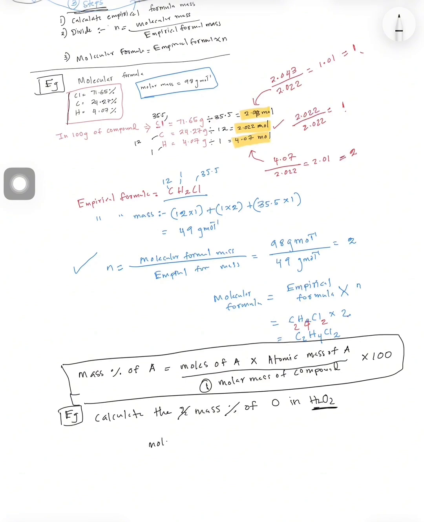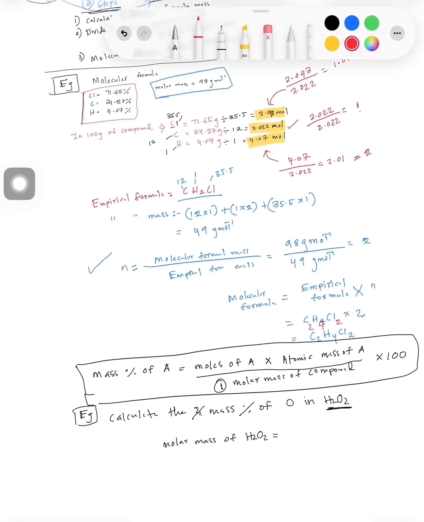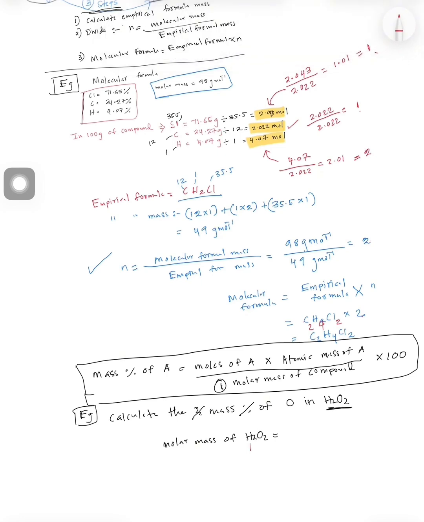The molar mass of H2O2: hydrogen is 1, oxygen is 16. So 1 into 2 plus 16 into how many oxygens are there? 2, is equal to 34 grams per mole.